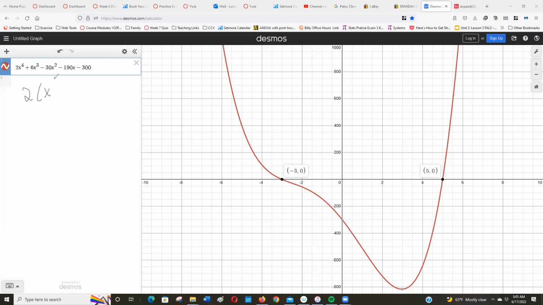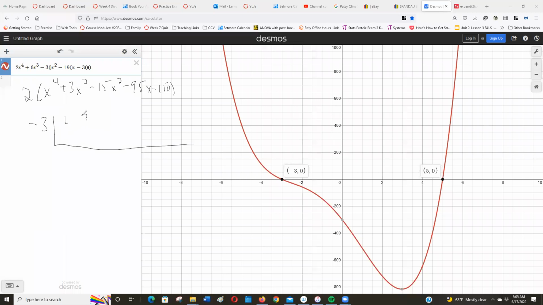Factor out that 2, plus 3x cubed minus 15x squared minus, what is that, 85? No, 95. Minus 95x minus 150.